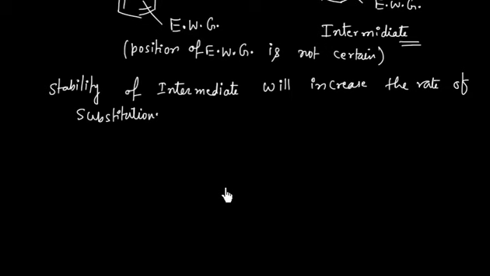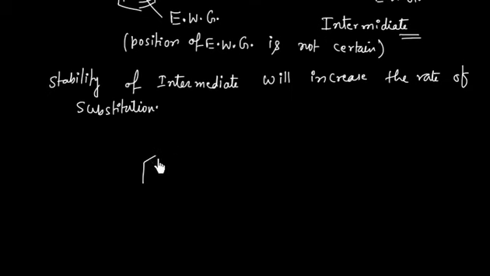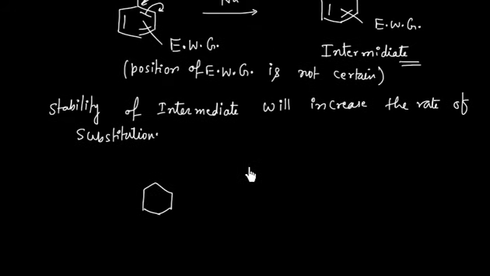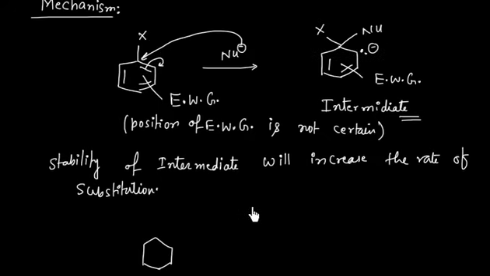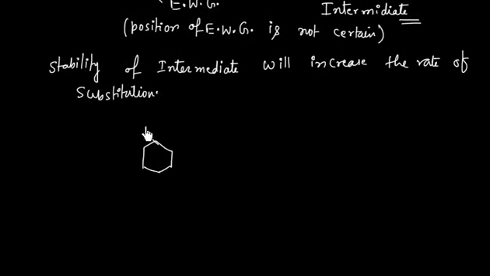Now let us try to attach the electron withdrawing group at the ortho position, para position and meta position and see which makes this intermediate more stable. To look at this, let us write the resonating structures of this molecule. So we have a negative charge here.